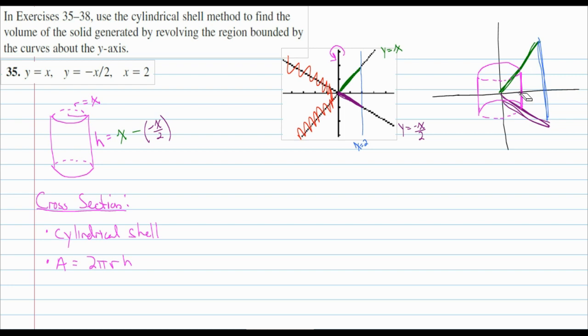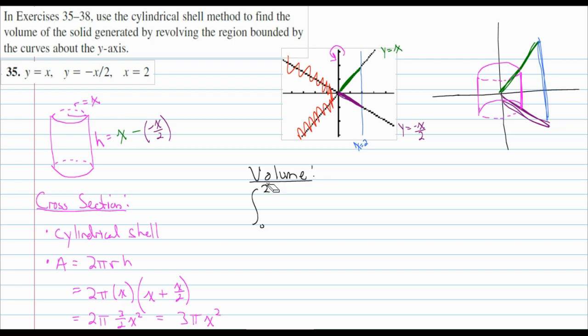So x, and then really the distance between the x-axis and negative x plus 2 would be negative, but if we're subtracting it, it would be adding that distance to the top distance, creating the full height of the cylinder. So now the area is 2 pi times x times x plus x over 2. I'll simplify that so my integral is a little bit easier to work with.